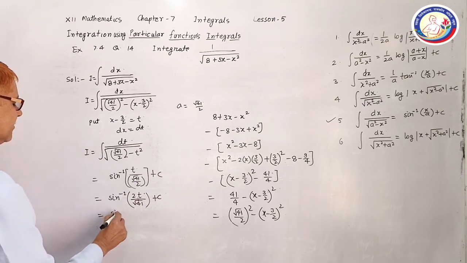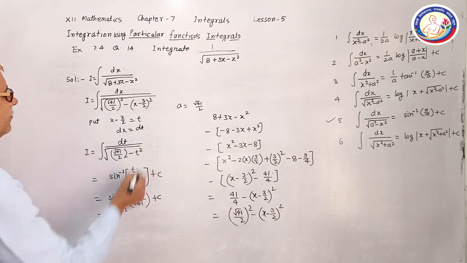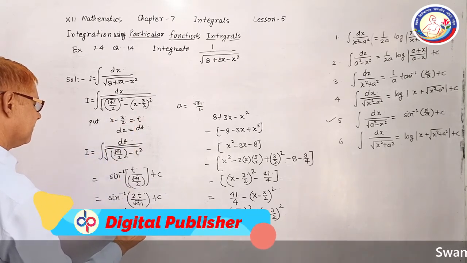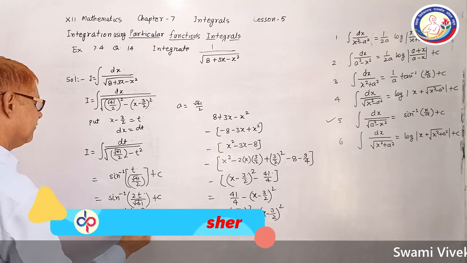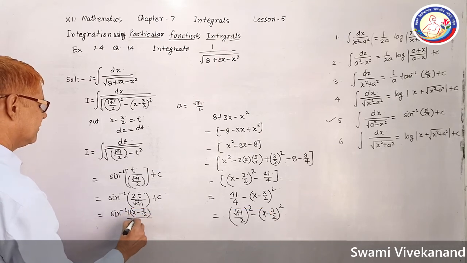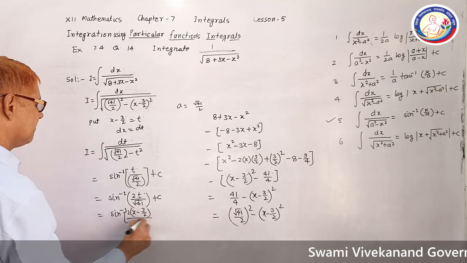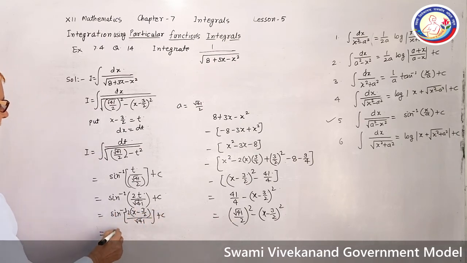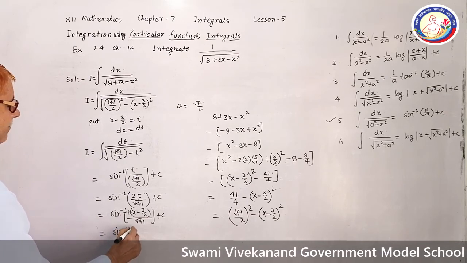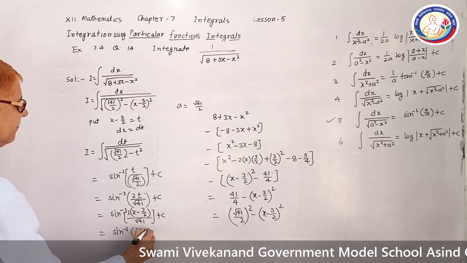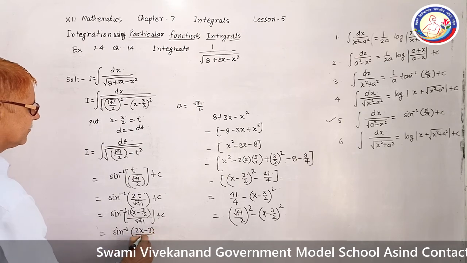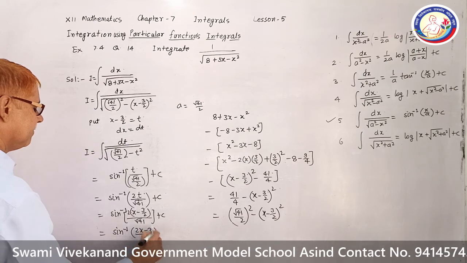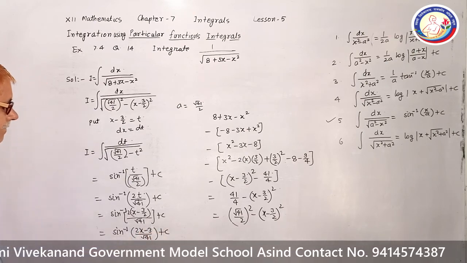Write the value of t again here. It is (x minus 3 by 2) into 2 upon square root of 41 plus c. We shall get sine inverse of (2x minus 3) upon square root of 41 plus c. This is our answer.